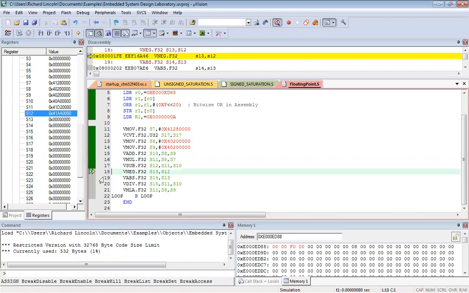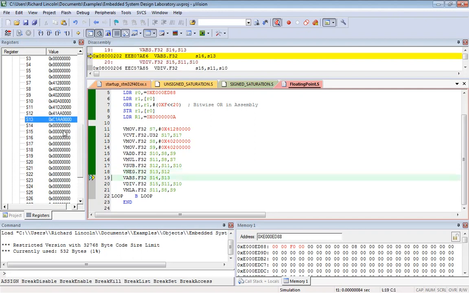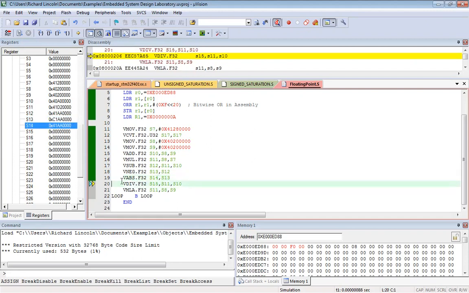Similarly, you can subtract them. Let us check this negate. Whatever is in S12, S13 should have the minus of the value of S12. You can see the negated value; you can change all the ones and zeros, make it minus, and the absolute value is taken of S13 and moved to S14.